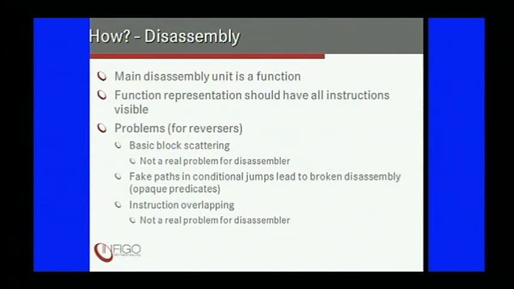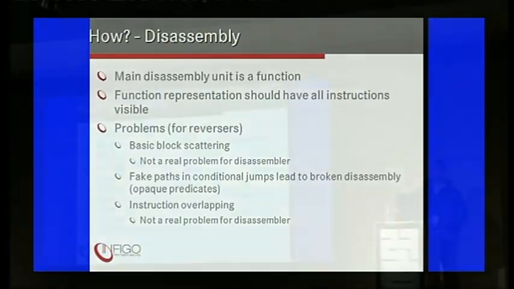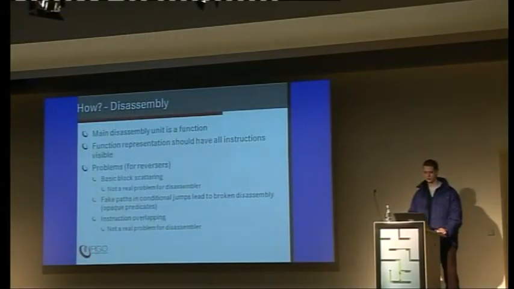In the assembly listing, if you don't have a function, if you scatter small blocks around the address space, it's very hard to navigate if you don't have GraphView available. This is not a real problem for disassembly, but for human analysis of code. Fake paths in conditional jumps lead to broken disassembly code, and this also breaks IDA's ability to reconstruct functions.